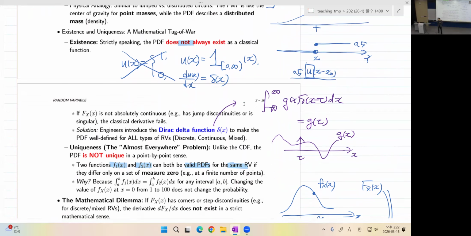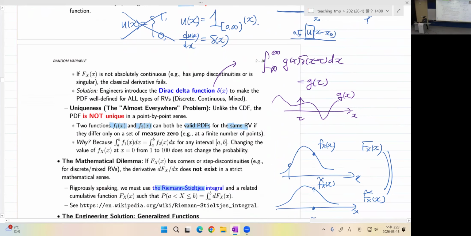So for every rational x, if you replace the PDF value with 0, it does not change the CDF, because if you integrate up to x0, then no problem. Got it? So, of course, on that rational number, you should not have a point mass. If you have a point mass, it's messy, but anyway.